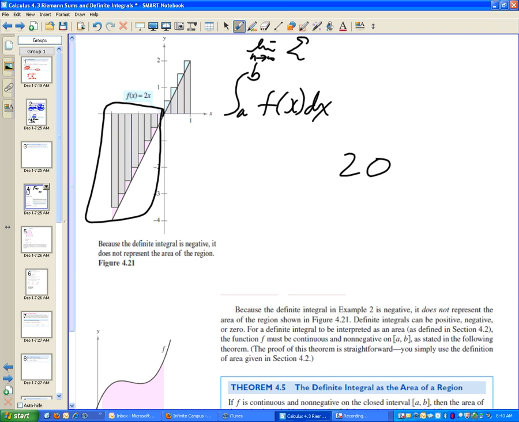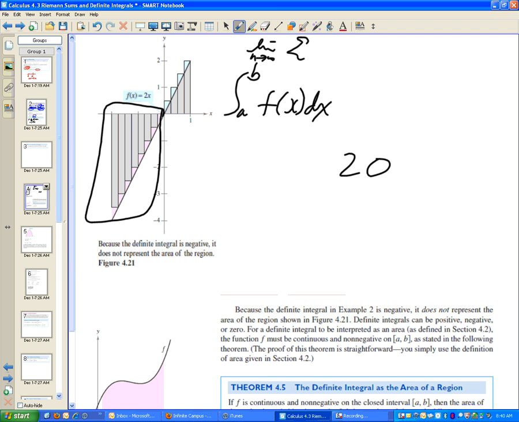We'd get negative 20. When the region's below the x-axis and you find the integral, or you just do the limit as n approaches infinity of the sum from i equals 1 to n of f of x sub i dx, like we did on number 55, you would get negative 20. You'll get the opposite of the actual physical area.